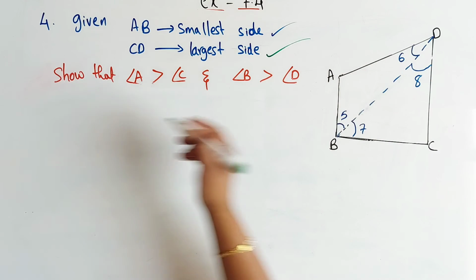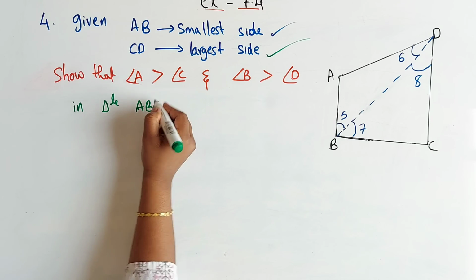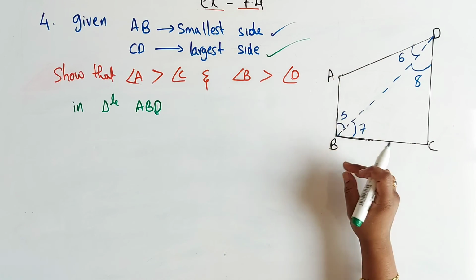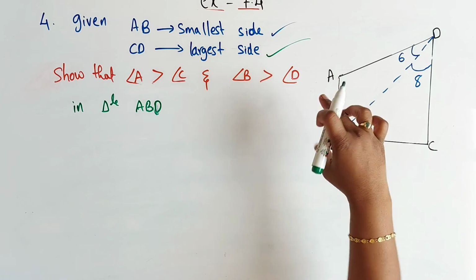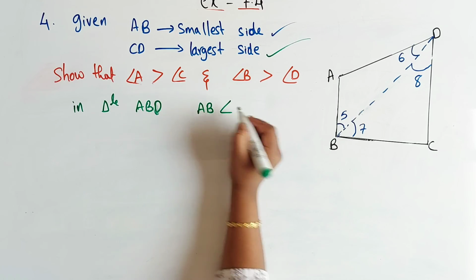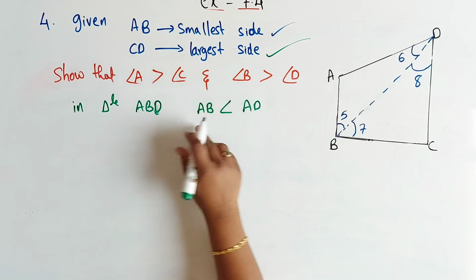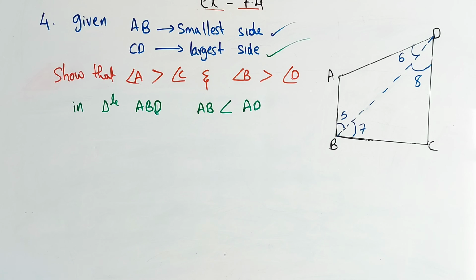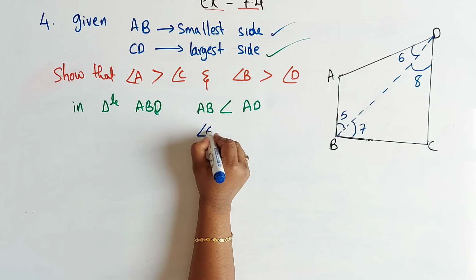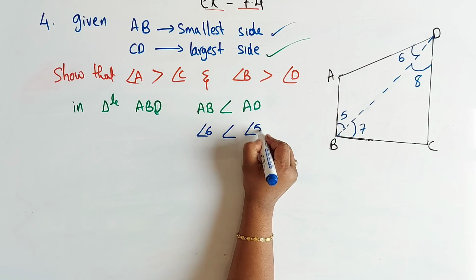First, in triangle ABD, they have already told that AB is the smaller side. AB is the smaller side when you are comparing with AD. Correct? AB is less than AD. So AB's opposite angle, angle 6, is also less than AD's opposite angle, angle 5.